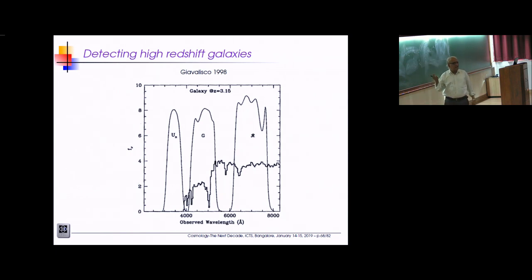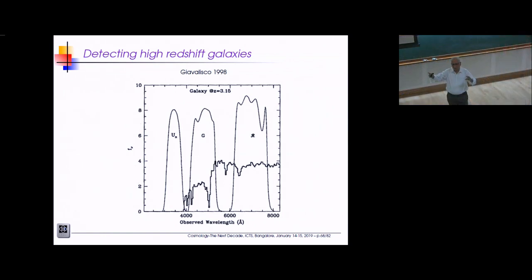So you can get roughly an idea of what redshift this galaxy is by having a whole bunch of these windows in wavelength and measuring that flux in these windows and saying at which filter it drops out. Here, you expect the dropout to be at the Lyman alpha wavelength, and here it's at 4,000, and so you infer a redshift of about 3.15.